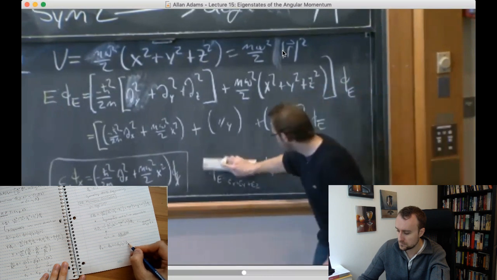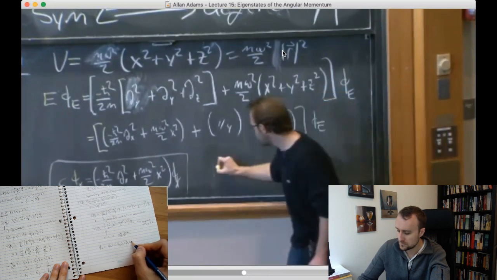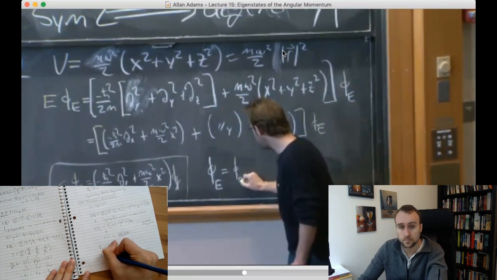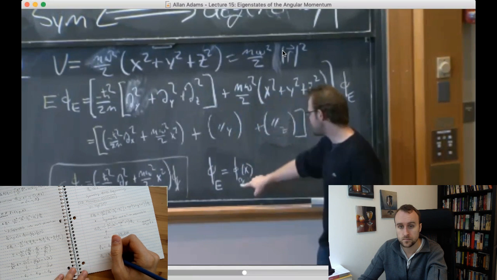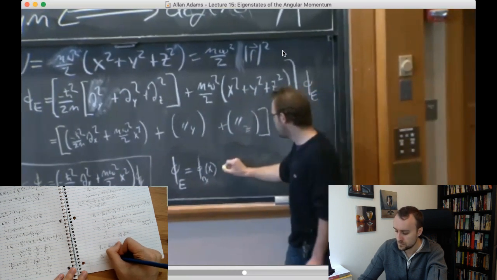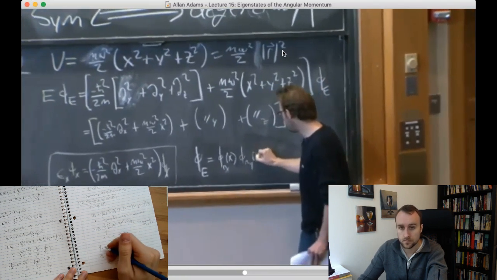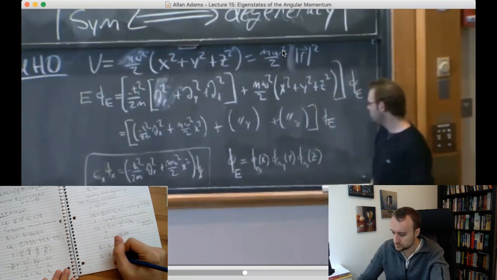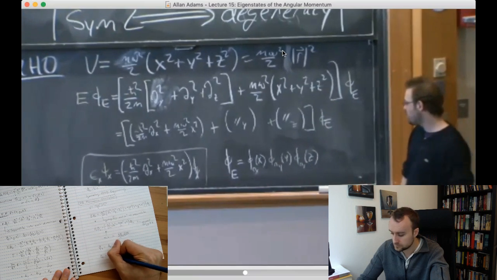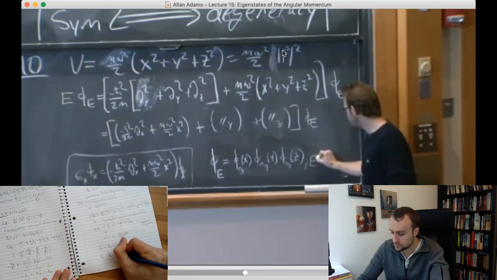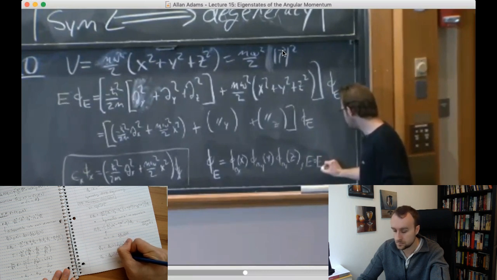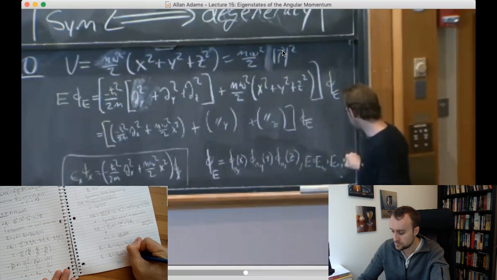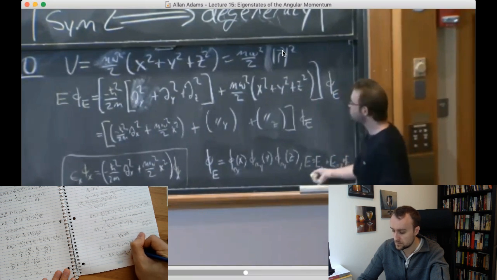So I'm going to write this slightly differently: phi_E is equal to phi_nx of x, the state with energy E_nx, times phi_ny of y, times phi_nz of z, where these are all the one-dimensional harmonic oscillator eigenfunctions, and E is equal to E_nx plus E_ny plus E_nz.